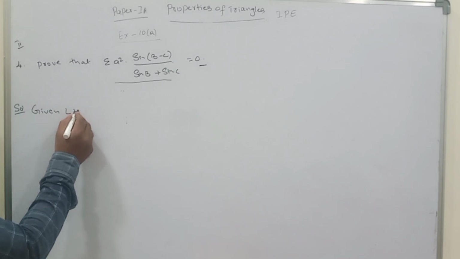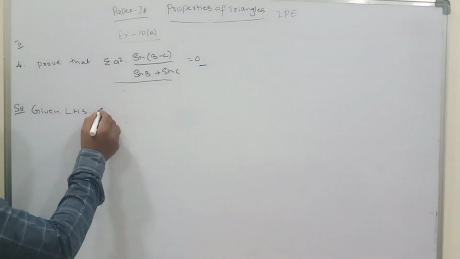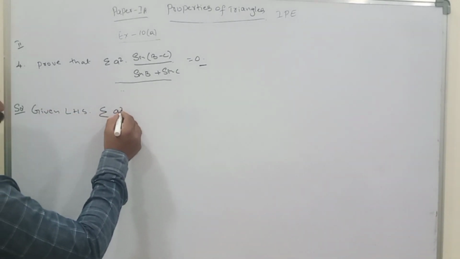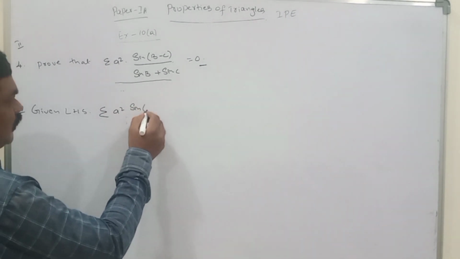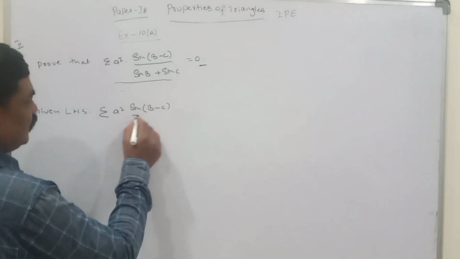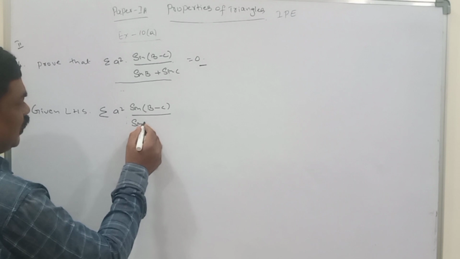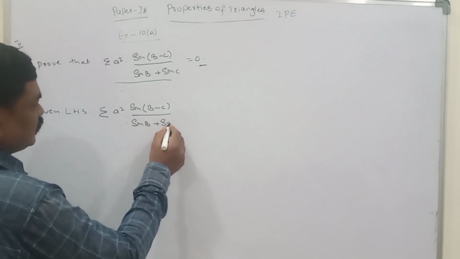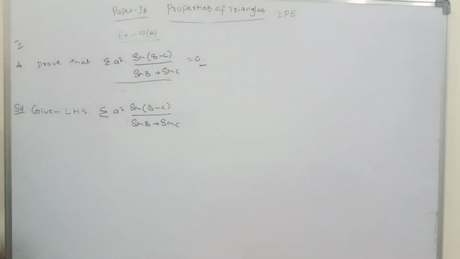Given LHS: sigma a square into sin of b minus c by sin b plus sin c.